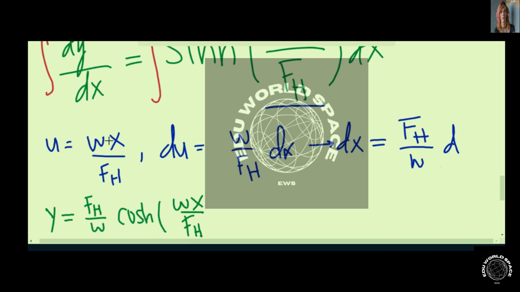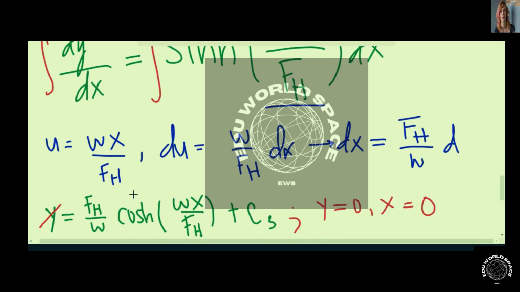h plus c3. Since we have a constant in this equation, we need to solve for C3 by using the boundary constraints. And that would be y equals 0 when x equals 0.